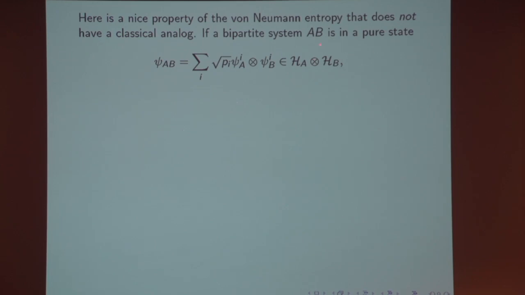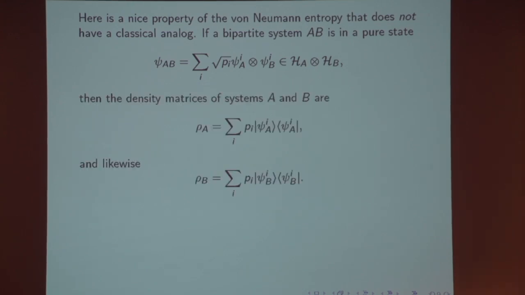Suppose that a bipartite system AB is in a pure state with this Schmidt decomposition. Then the density matrices of systems A and B are given by these formulas, where we wrote down rho sub A before and rho B is deduced in the same way.